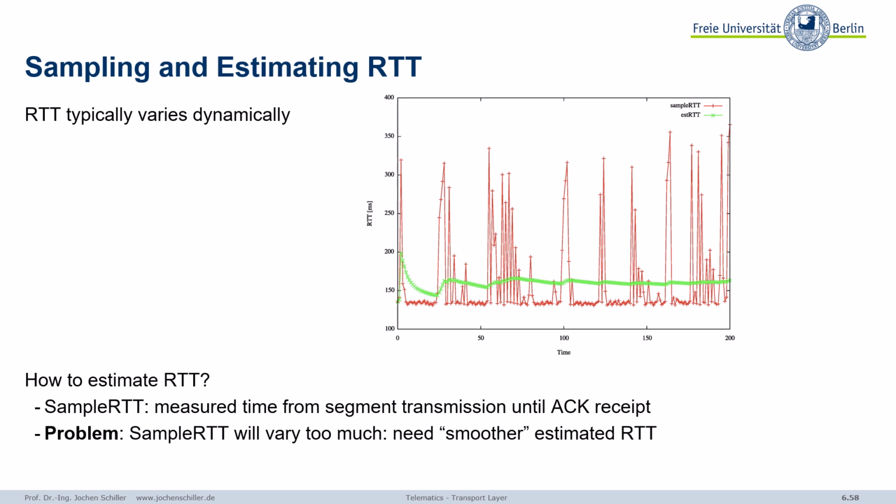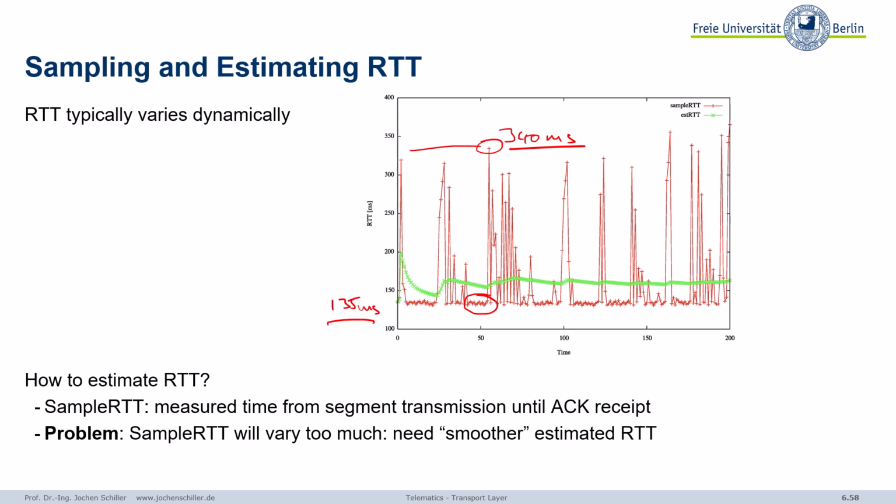So sometimes we have round trip times here close to 340 milliseconds, but typically we are rather at, let's say, 135 milliseconds. So what should I take? 340 or 135?